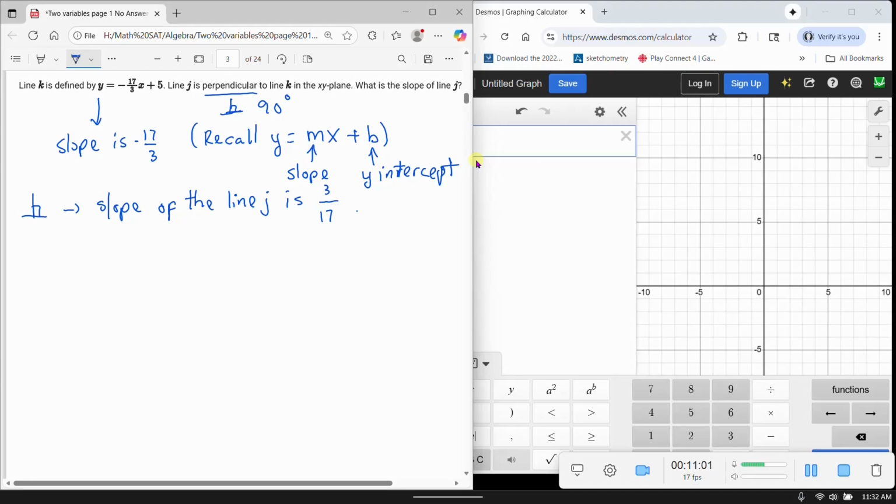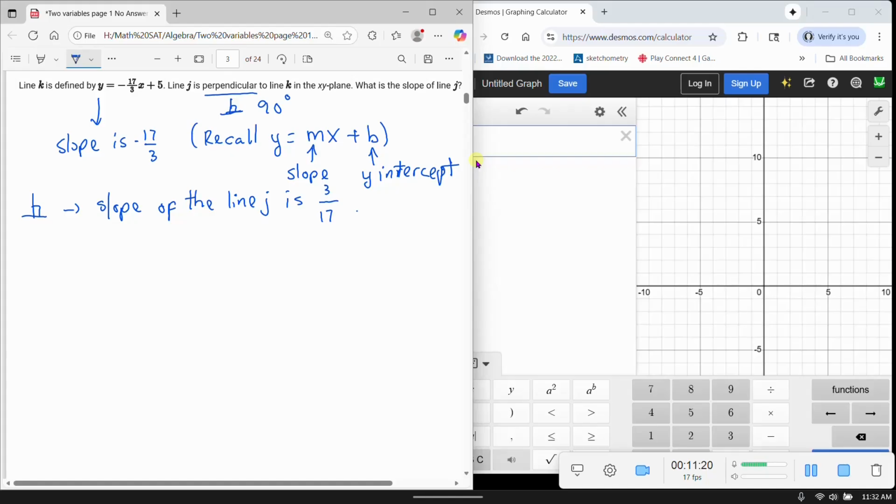So when it's perpendicular, you're going to flip the number and switch the sign of the original equation slope. We call the opposite reciprocal.